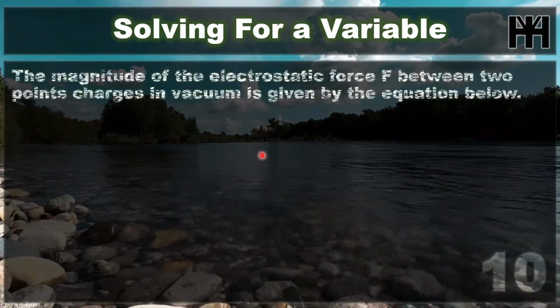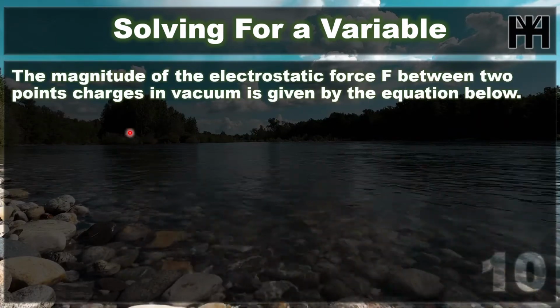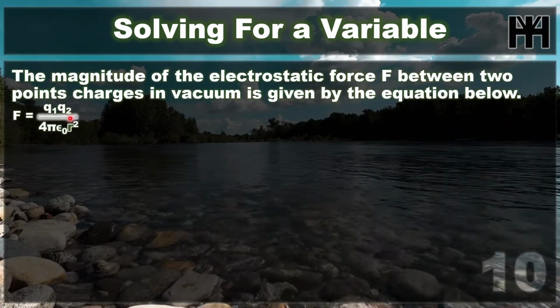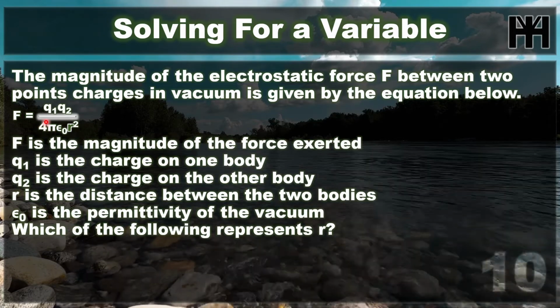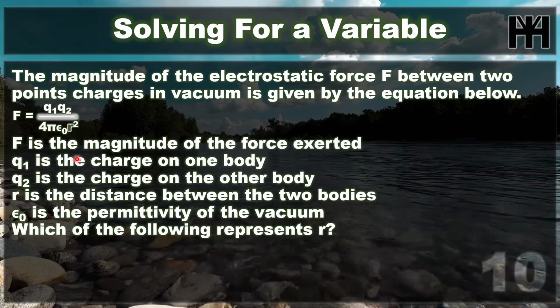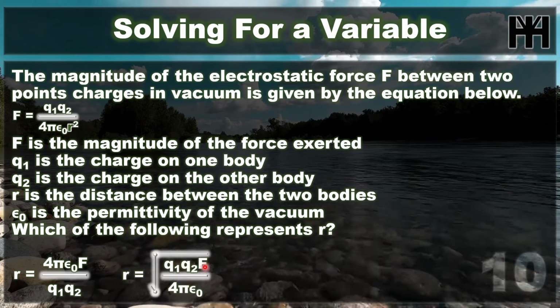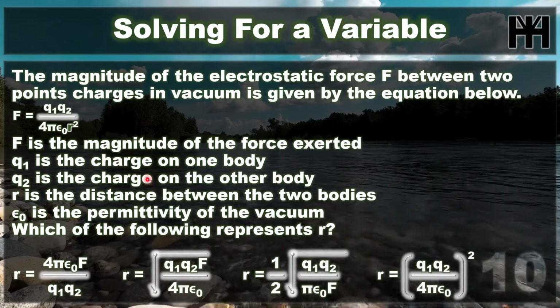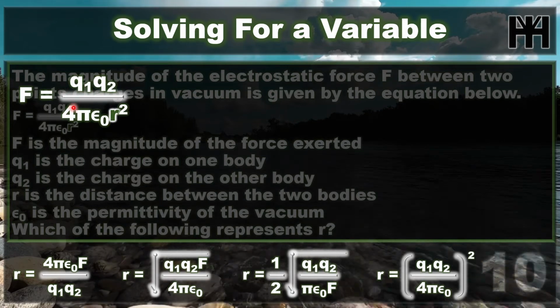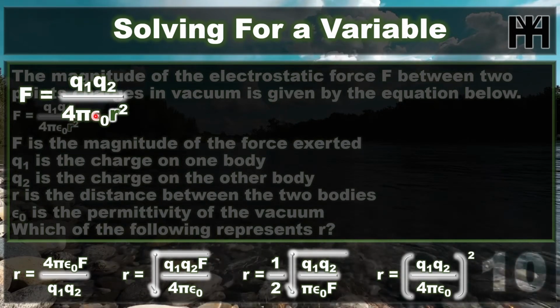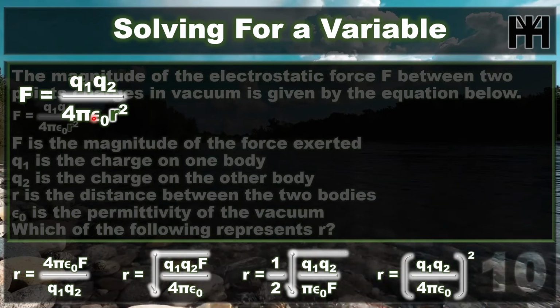Okay, let's see here. So the point here, they want us to solve for r here. Okay, and these are our choices. Okay, so we have F equal q1 q2 over 4 pi epsilon-naught r squared.